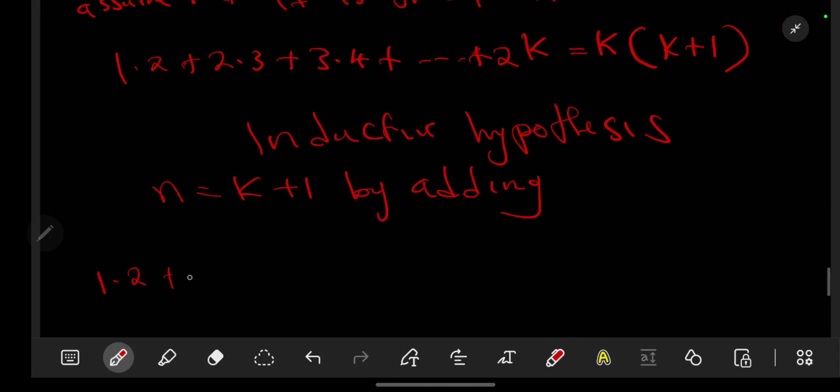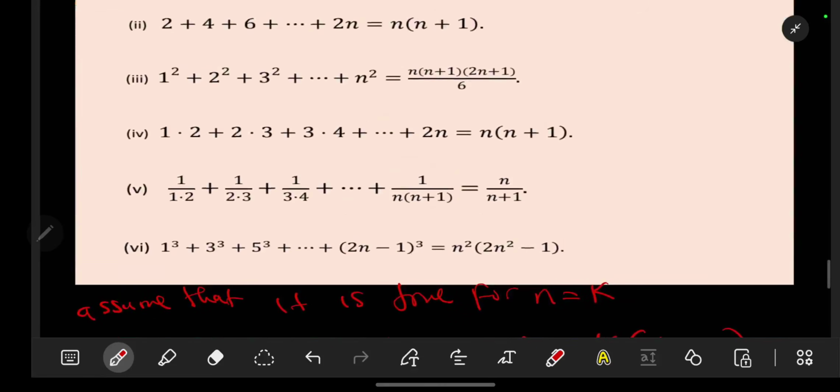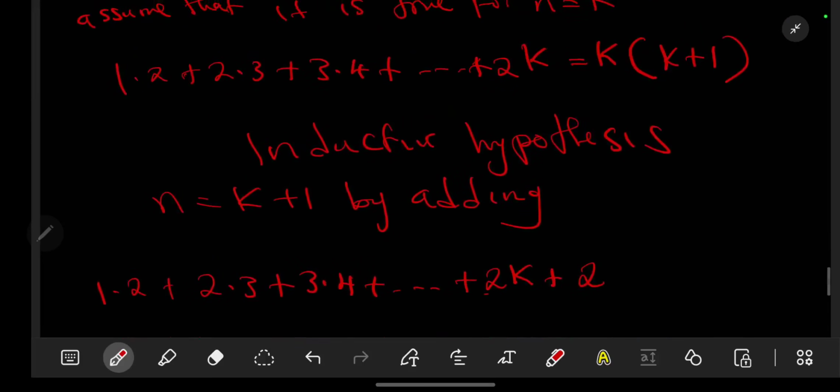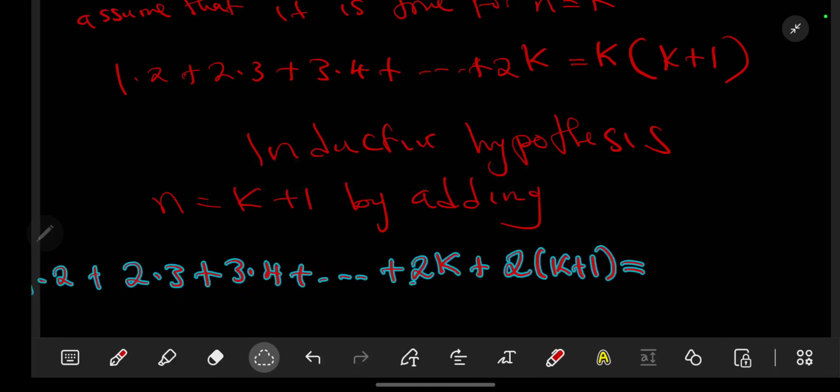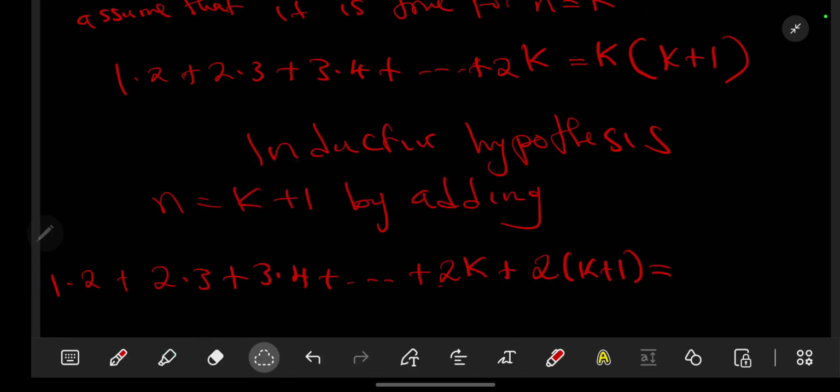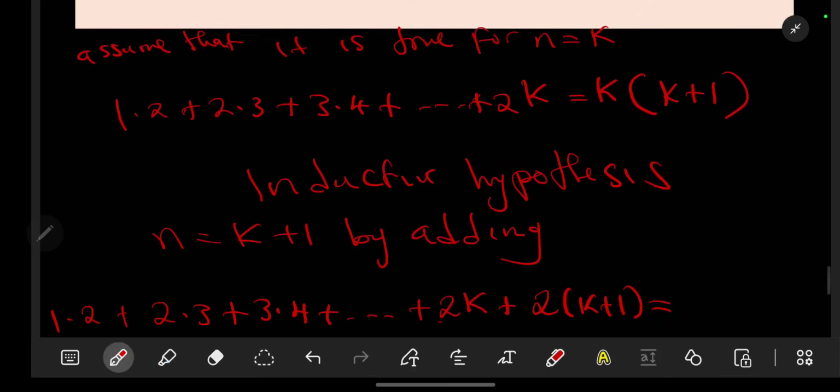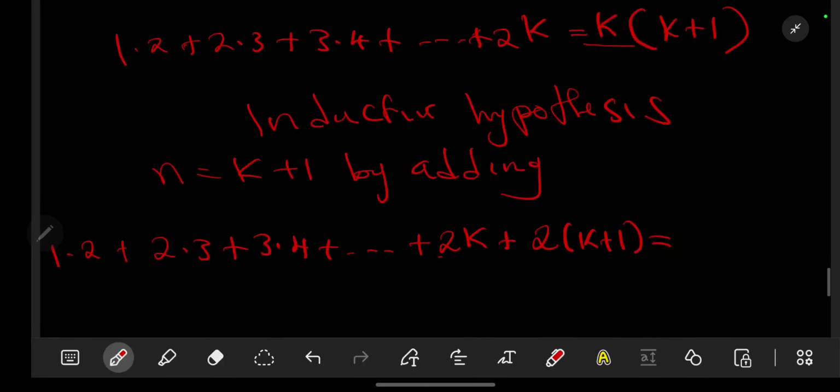We have 1 dot 2 plus 2 dot 3 plus 3 dot 4, then we have plus our dots, plus 2k, plus. Now this k plus 1, it will be our 2, because where there is n, we replace open brackets k plus 1 should be equal to, so whatever you replace, you add on both sides. We already have this, so we are going to write it.